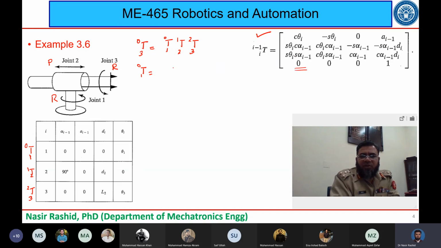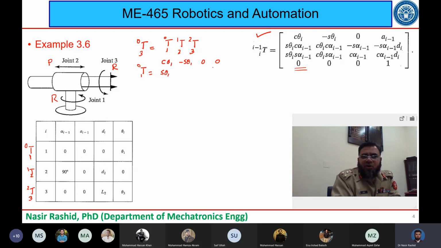सो अगर मैं यहाँ पे ये वैल्यूज पुट करूं तो जो मैट्रिक्स मुझे मिलेगा, that will be cos थीटा 1, minus sin थीटा 1, 0, a i minus 1 फिर 0 है, so this is 0। यहाँ पे आ जाएं तो sin थीटा 1 और cos alpha i minus 1, alpha i minus 1 is 0, so cos 0 is 1, so I am going to be left with here sin theta 1.